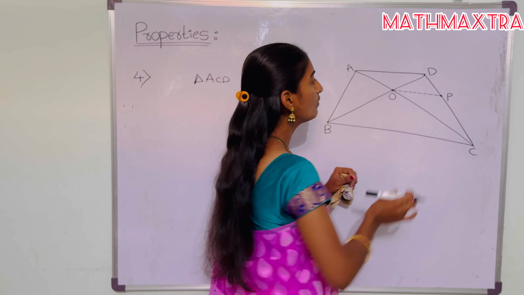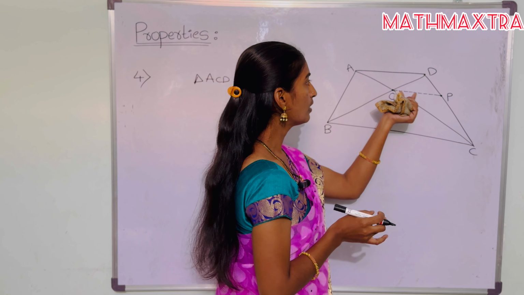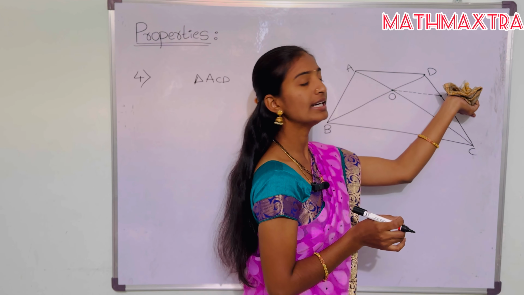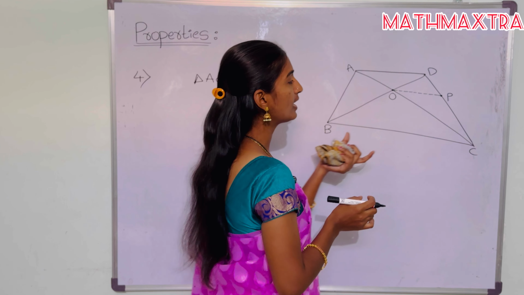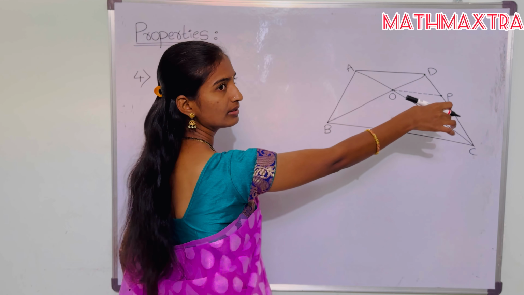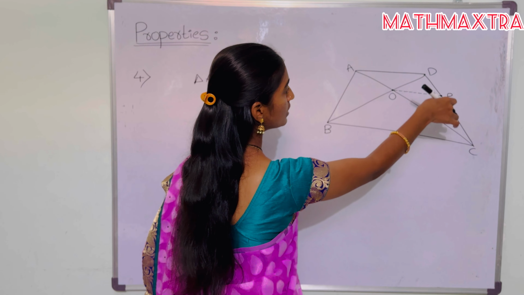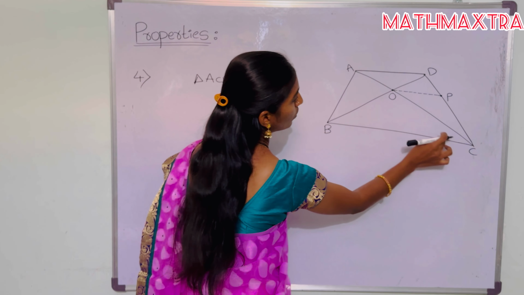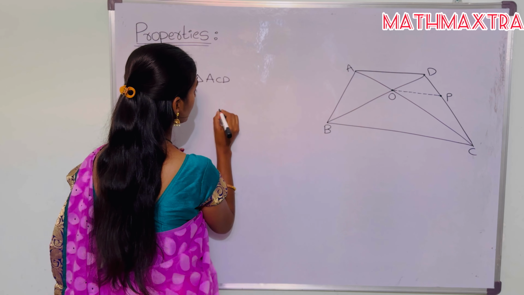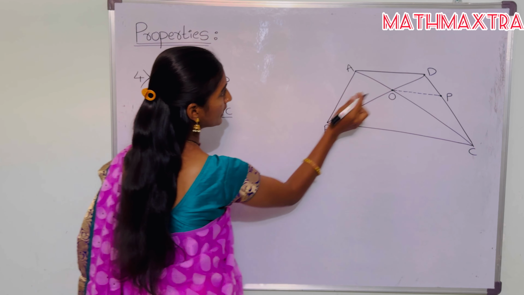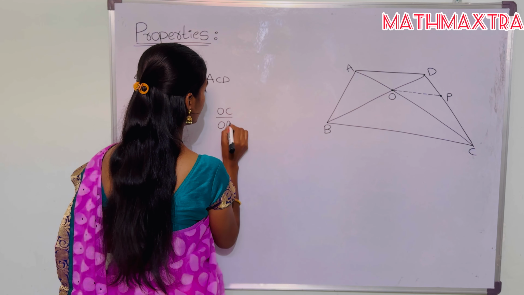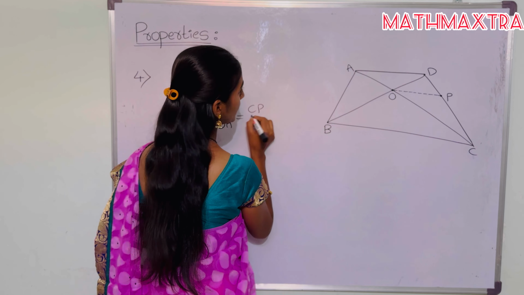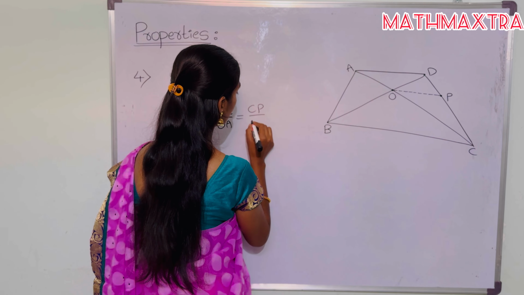What happens if you draw a line parallel to the base? This line divides the other two sides proportionally. According to Thales theorem, this line divides these two sides in proportion, right? Which is nothing but OC divided by OA, which is equal to CP divided by PD.